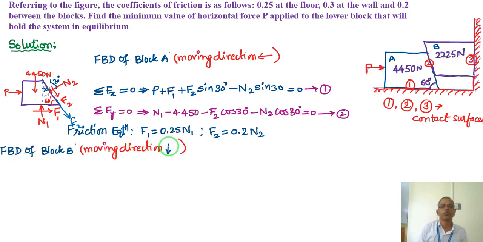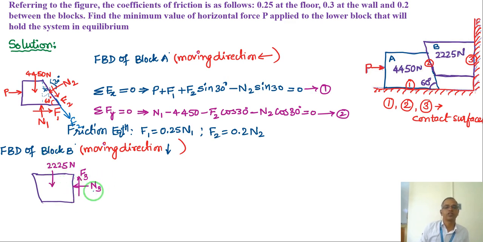So block B is moving downward. If you take this block, along the contact surface, and one weight is there, the weight is downward. Along the contact surface, since the block is moving down, the friction force is up, and normal to the surface is N3. Whatever forces I wrote here, the same forces I have to write but change the direction.